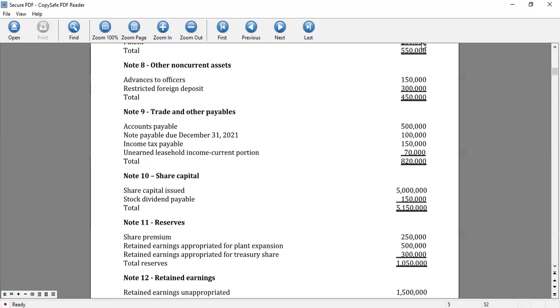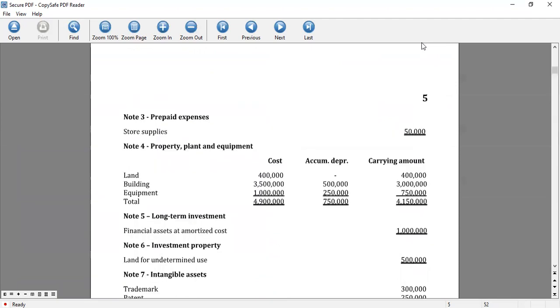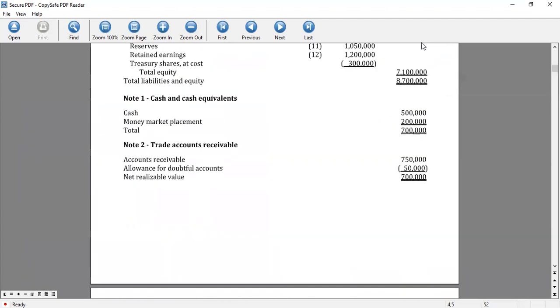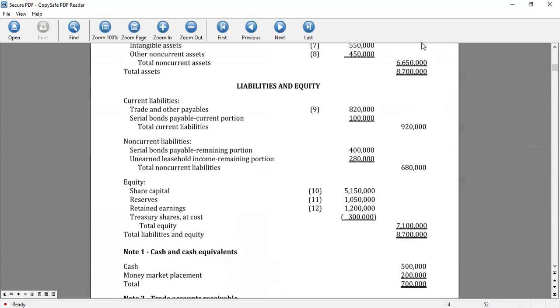However, here we are going to include only the total of your equity, 7,100,000. So what happened? Share capital 5,150,000. Then we are given the reserves of 1,050,000. That's now your reserves.